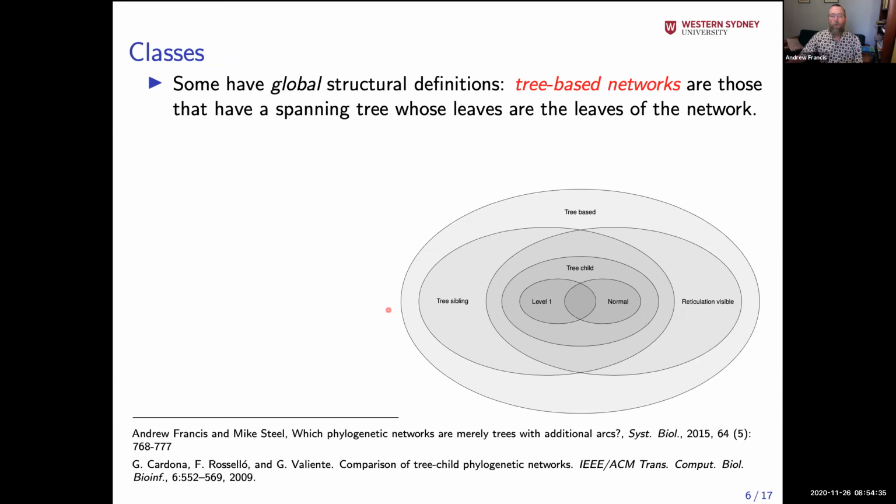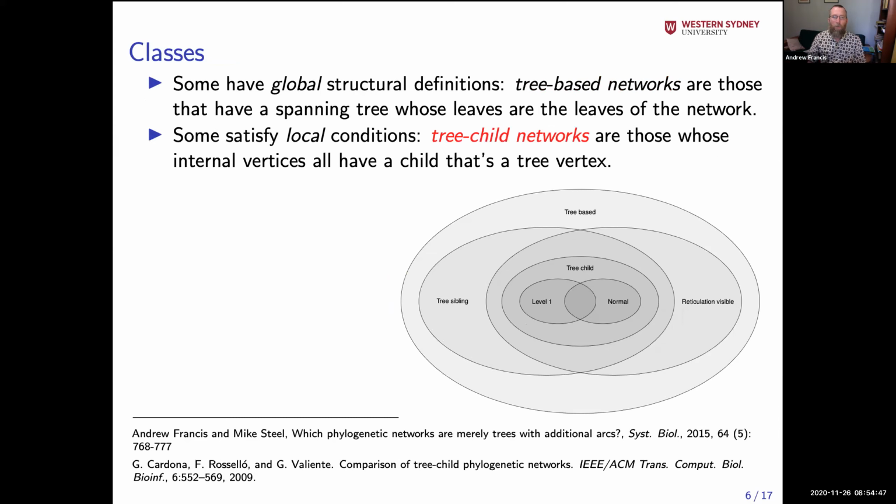So you can think of a tree-based network as one where there's a tree and there are additional arcs between the branches of the tree, between the edges of the base tree. So that's a more global structural definition. The tree-child networks have a more local definition, but they have global properties as well. They are ones whose internal vertices all have a tree-child, all have a child that is a tree vertex.